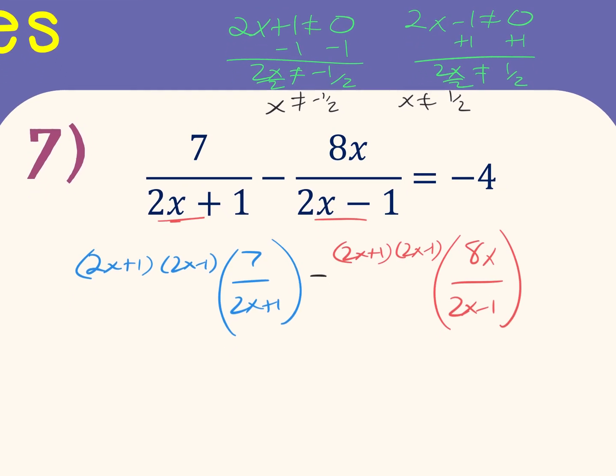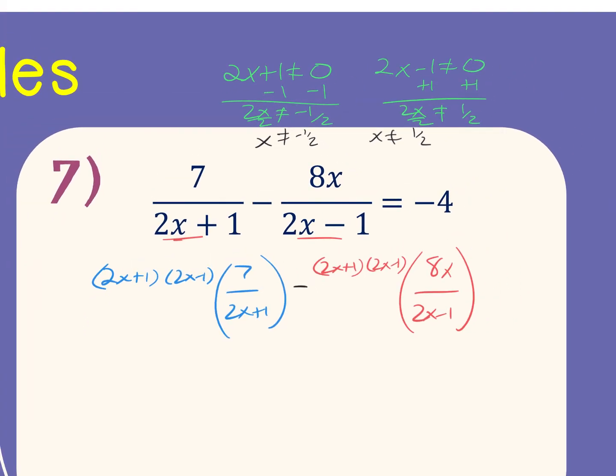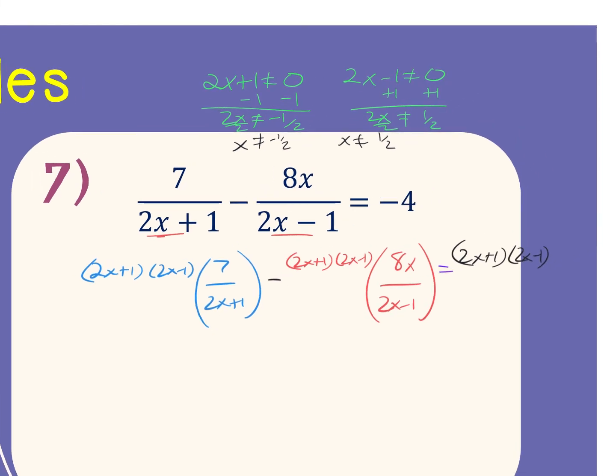And then finally the answer also gets multiplied. So 2x plus 1, I guess I shouldn't do purple. It's not going to be able to see it. Let me do a different color here. So 2x plus 1, 2x minus 1, and then I multiply that to the negative 4.